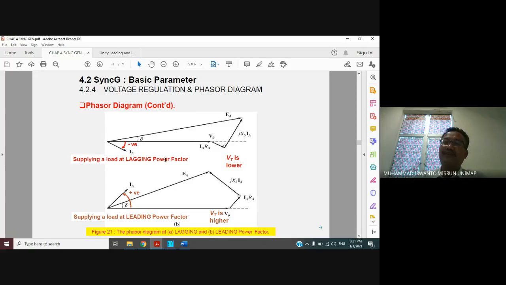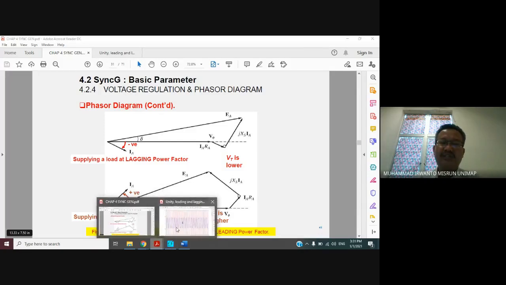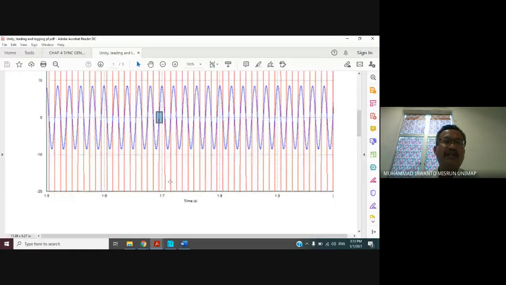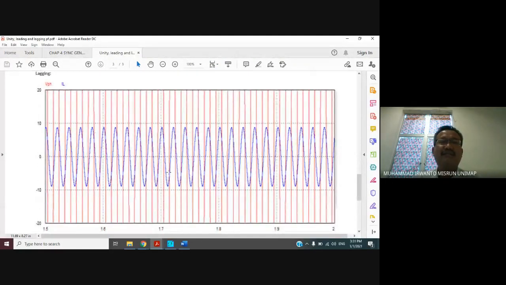I repeat, lagging means current lags voltage by some degrees. For example, if you look at the waveform, you can see lagging. This is lagging.